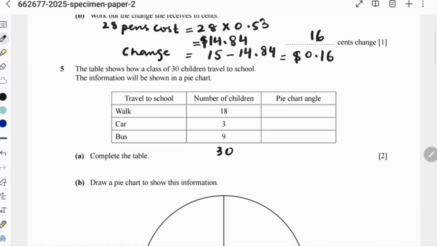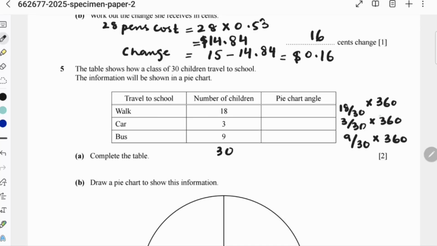So that is 18 upon 30, and then the angle, multiply by 360 degrees. 3 upon 30 multiply by 360. Then 9 upon 30 multiply by 360.